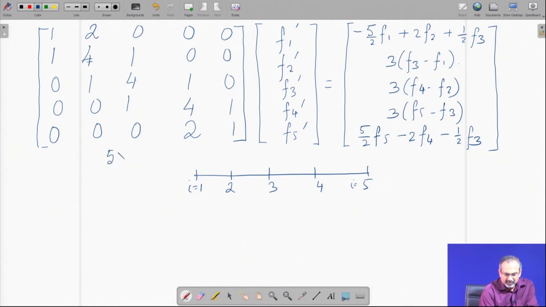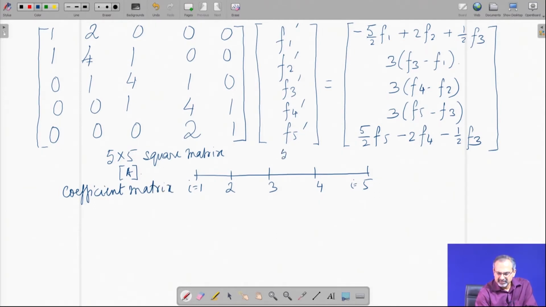So, this is a 5 by 5 square matrix. Let us call it as matrix A. This is often called as the coefficient matrix. This is essentially a column vector which contains the unknown derivatives at the 5 points. So, let us call it as a vector f dash, and then this is again a 5 by 1 column vector, which comprises of the known terms. Let us call it as C.